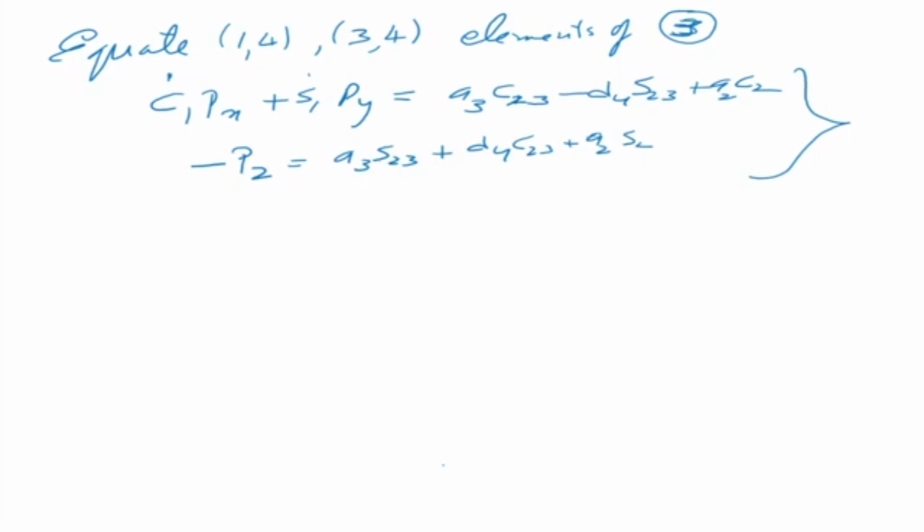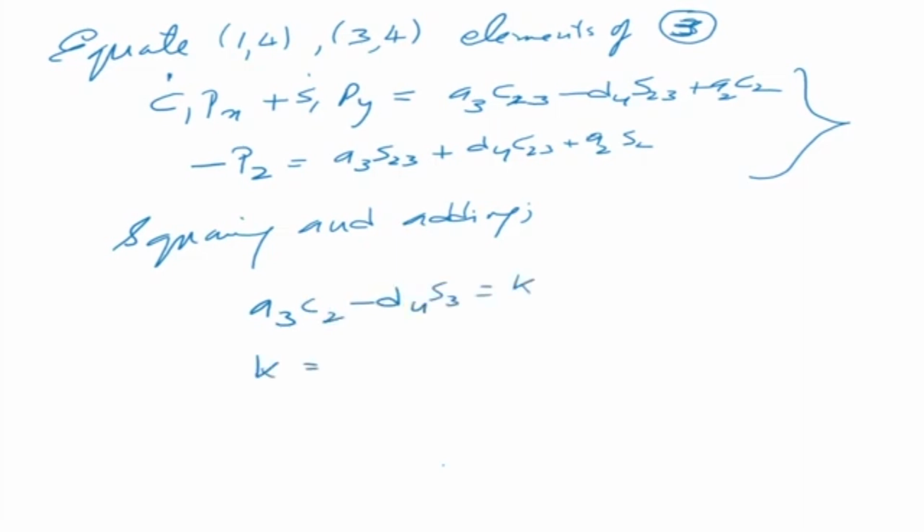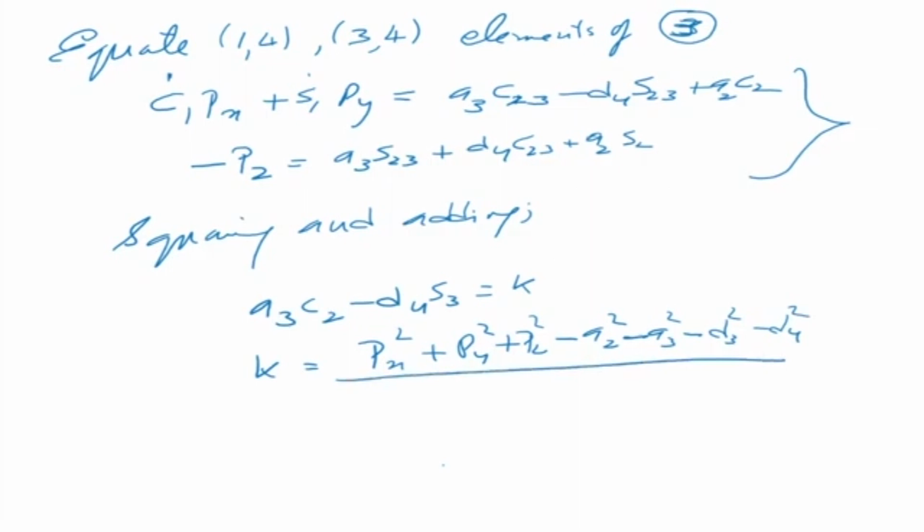So if we square the equations and add, we get A3C2 minus D4S3 is equal to K, where K is equal to Px squared plus Py squared plus Pz squared minus A2 squared minus A3 squared minus D3 squared minus D4 squared divided by 2A2.